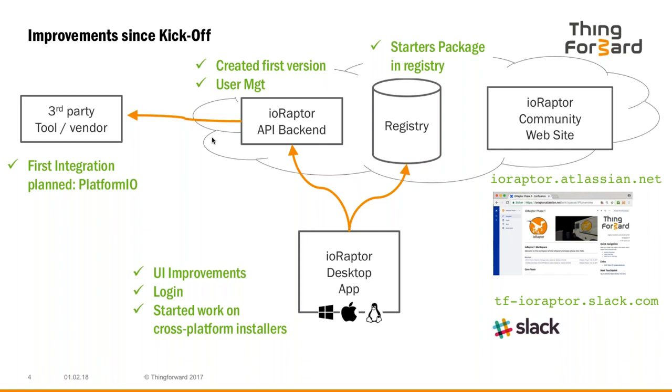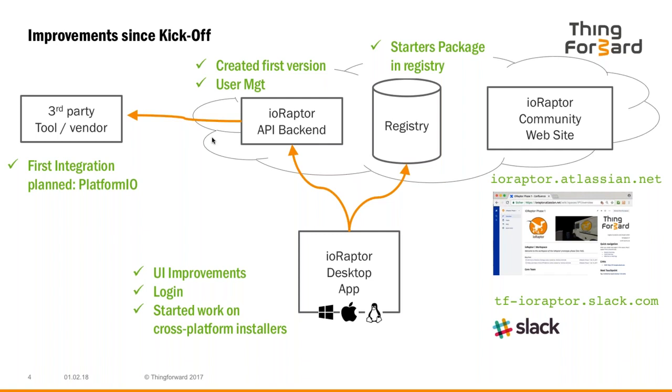What you can expect is that if you choose Platform.io via ioRaptor to download and install, you can automatically pass on the registration to Platform.io and, for example, get the pro features that are only available for registered users, but you don't have to register that because that's what ioRaptor is doing for you if you wish so. So that is planned but not yet implemented, but we want to have this ready by end of this month.